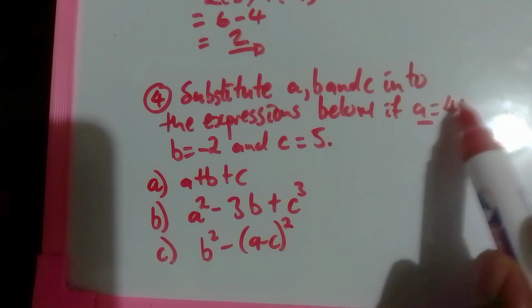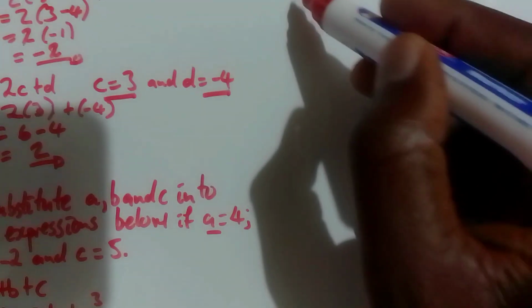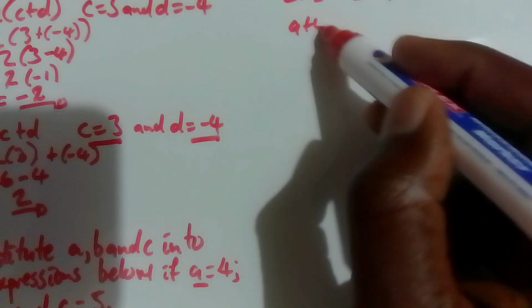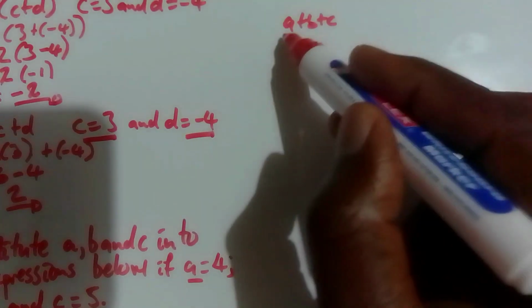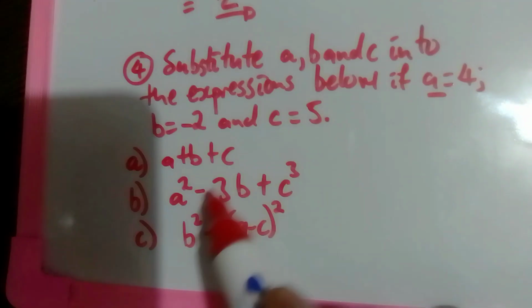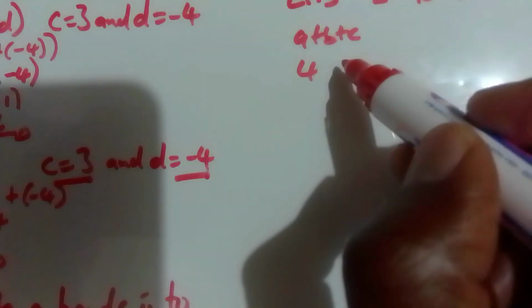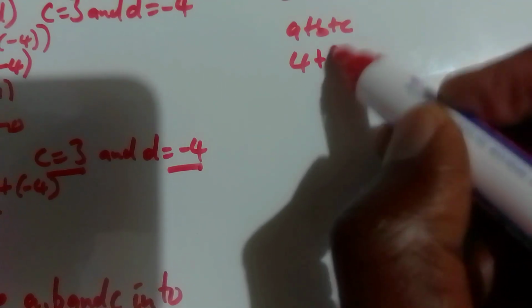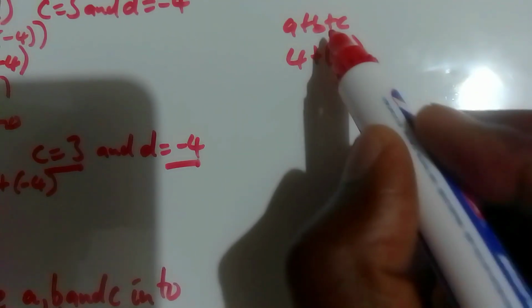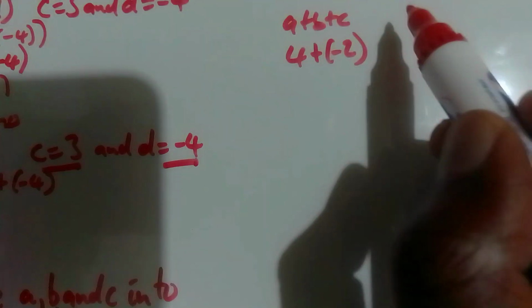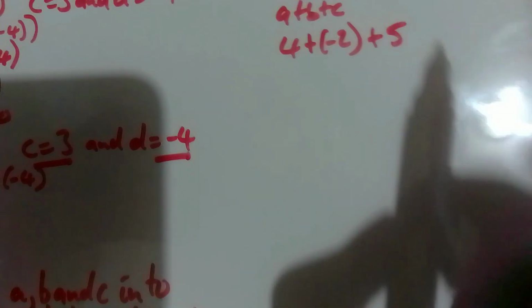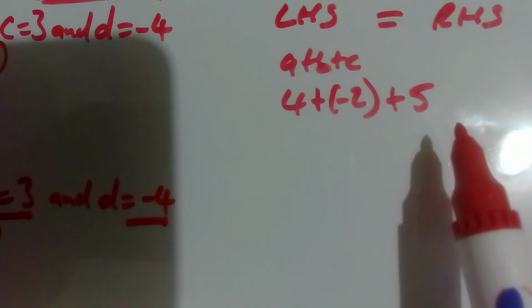So a is equal to 4, so we write a plus b plus c when a is equal to 4. Then b is equal to -2, so I write plus, then my b is -2. Then plus c, and my c is 5, so plus 5 like this.